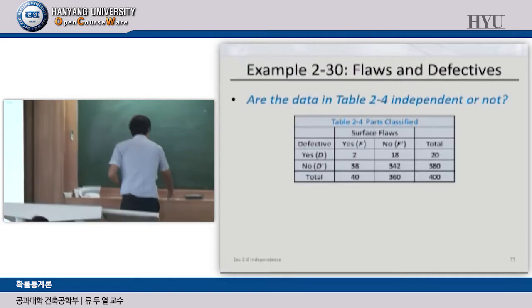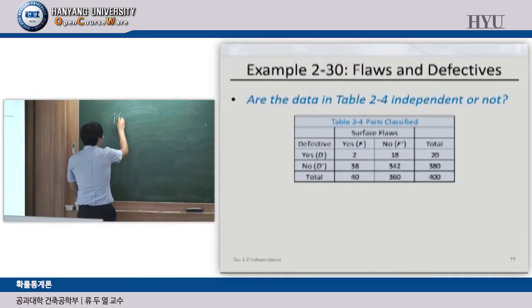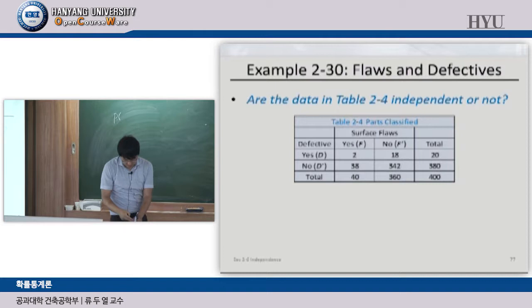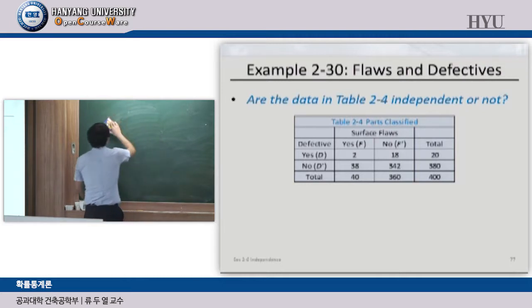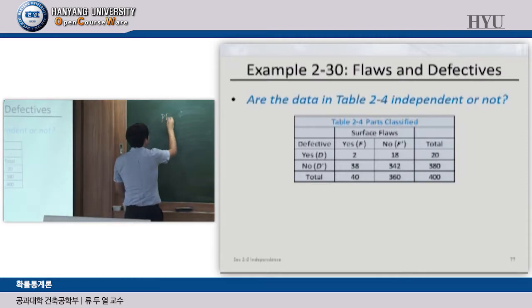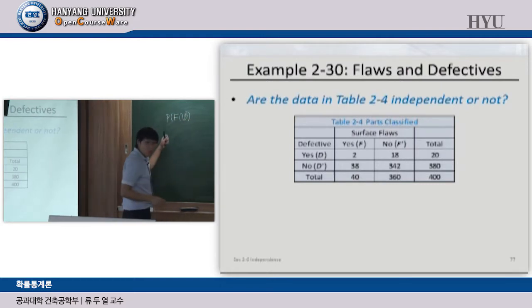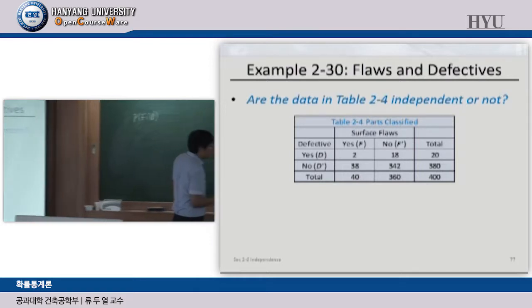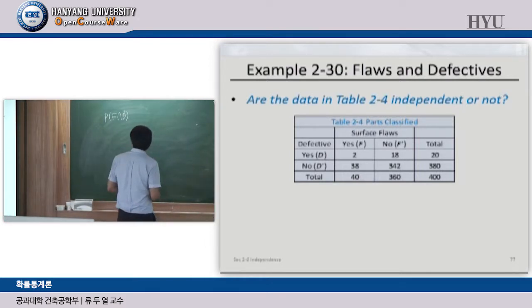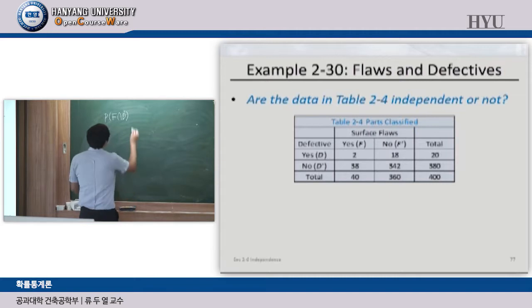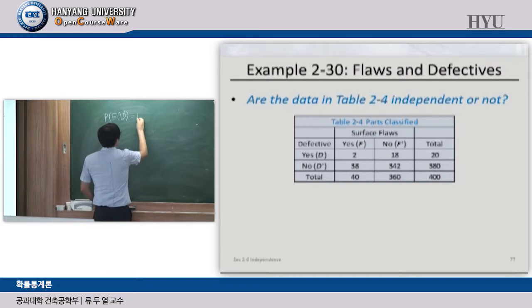So firstly, we can calculate the probability of the intersection of F and D. Firstly, we can think about this probability, okay? And what is the probability of the intersection of F and D? This can be rewritten as the conditional probability, right?